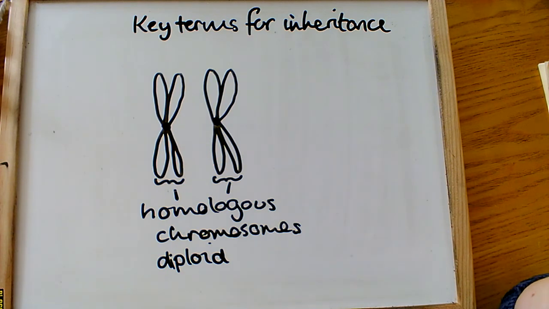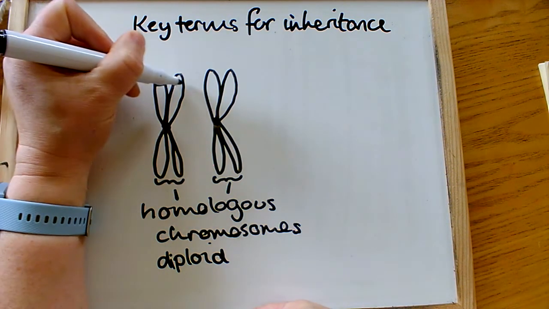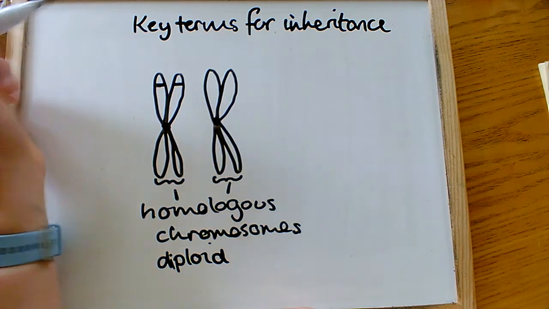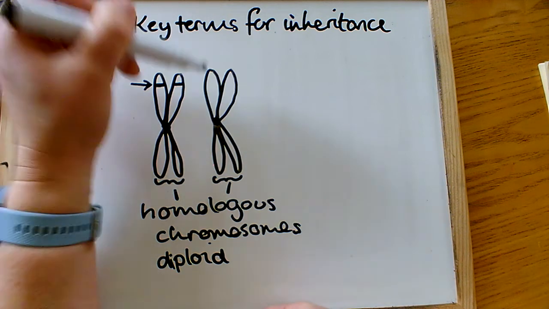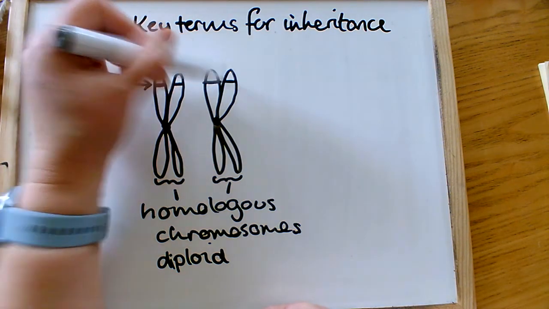Now, the reason we know these chromosomes are homologous is because if you look at a particular gene locus, the gene you'll find at this location is going to be the same gene as you'll find in the same location in its homologous pair.